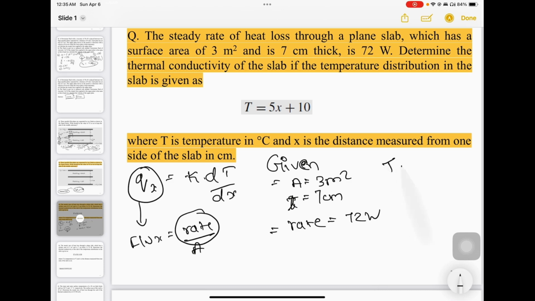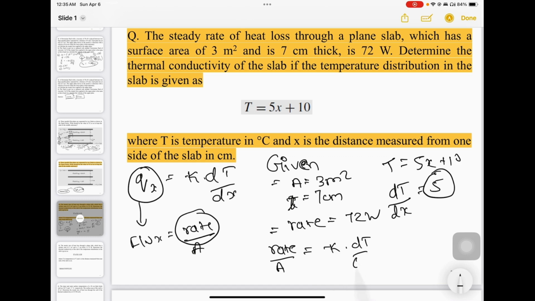Let's calculate the gradient of temperature dT by dx is equal to 5, and therefore rate on area is equal to minus k dT by dx, which will be 72 divided by 3 is equal to k times 5.